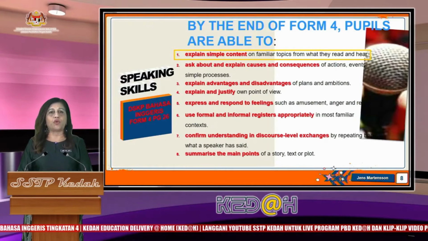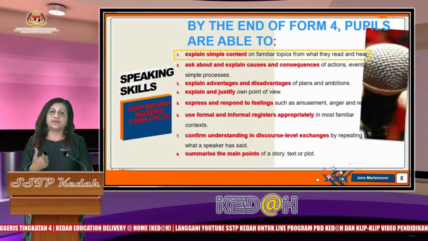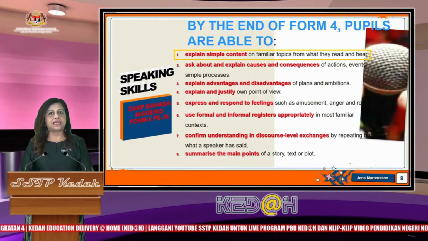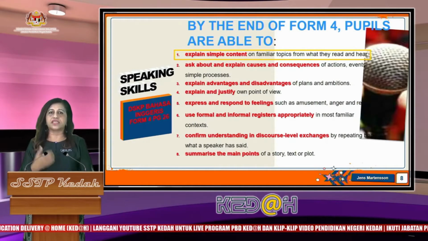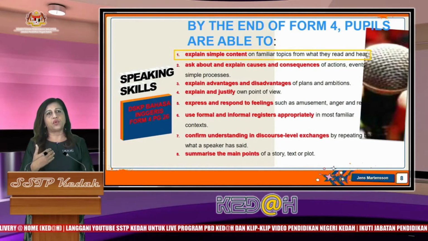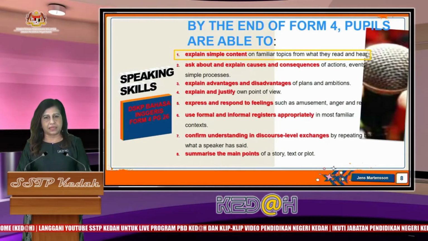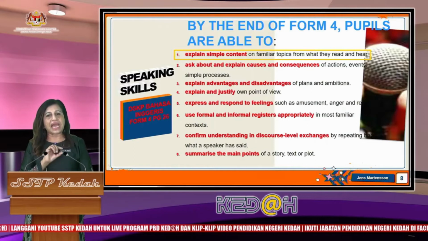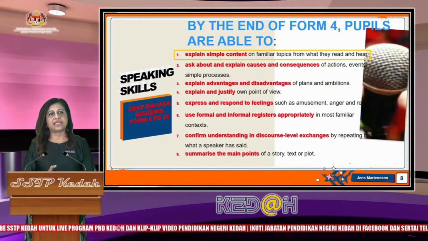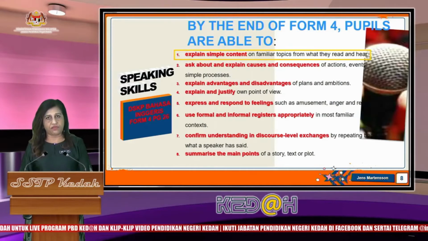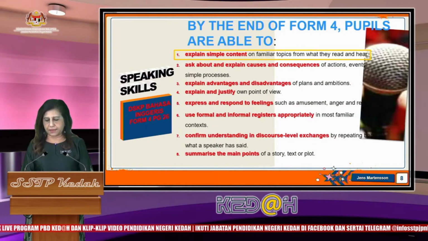But teachers, there are also reading skills, writing skills, listening skills, and speaking skills. Why am I showing you speaking skills? Because my lesson, I am going to focus on speaking skills. And the first bullet, I have inboxed it because that is my main skill which I want to achieve and assess my pupils.